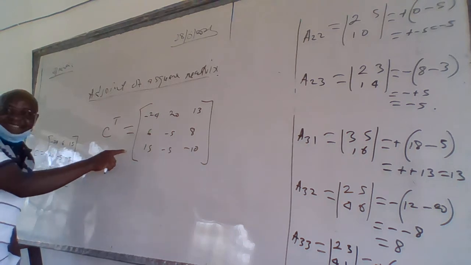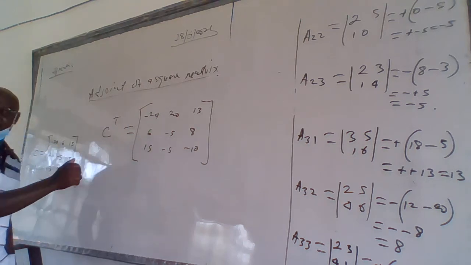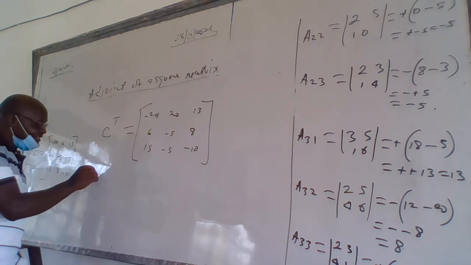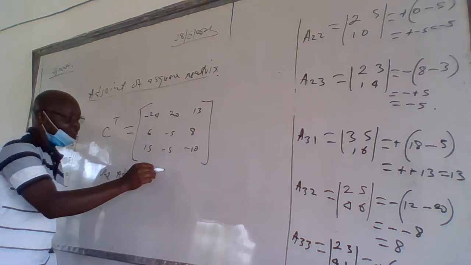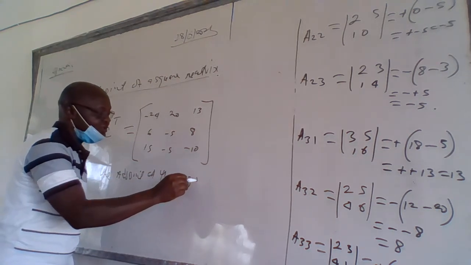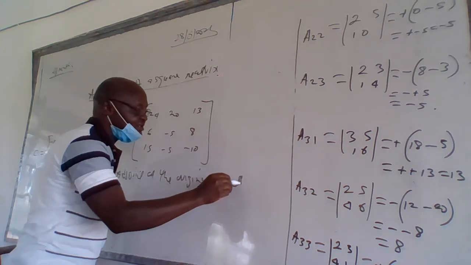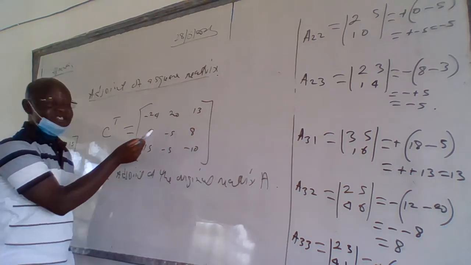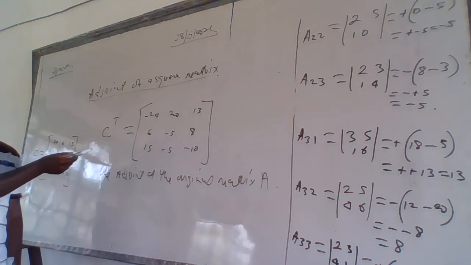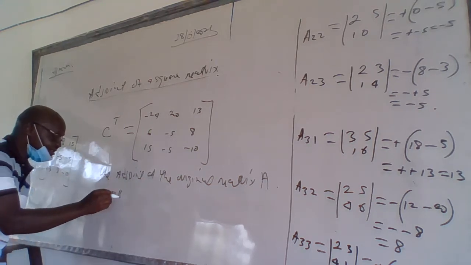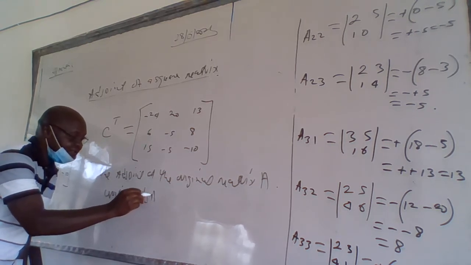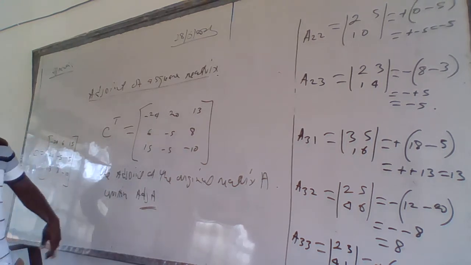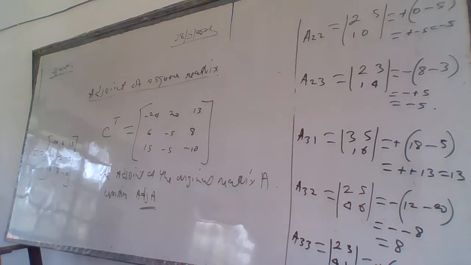So this is what we are calling the adjoint of the original matrix A, written in short as adjoint of matrix A.